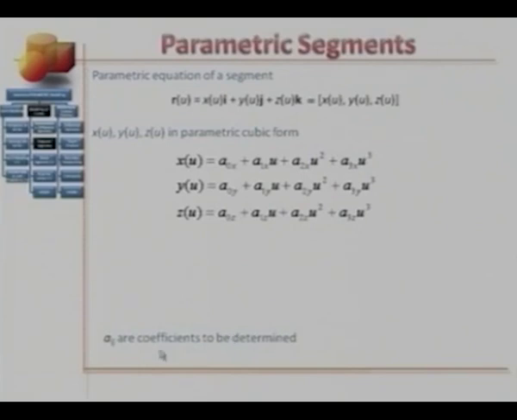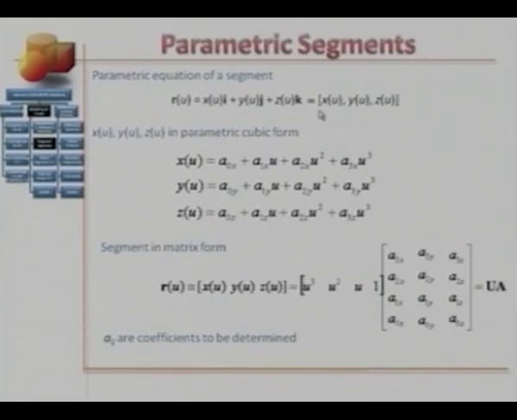In general, coefficients aij, which represents all these coefficients, 12 in number, need to be determined. I can write these equations in matrix form.